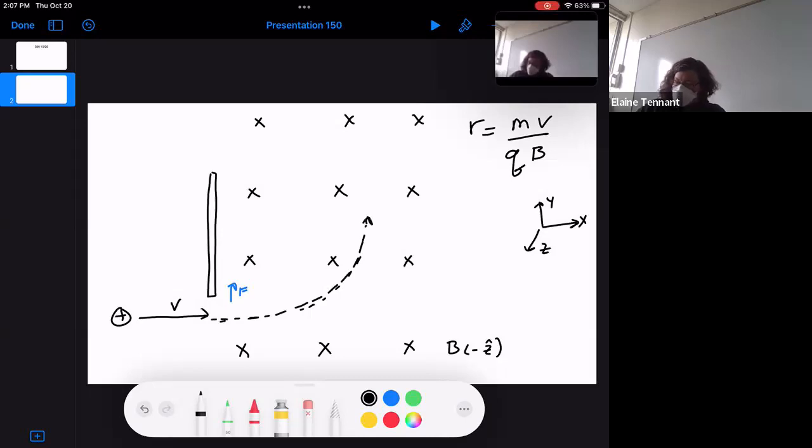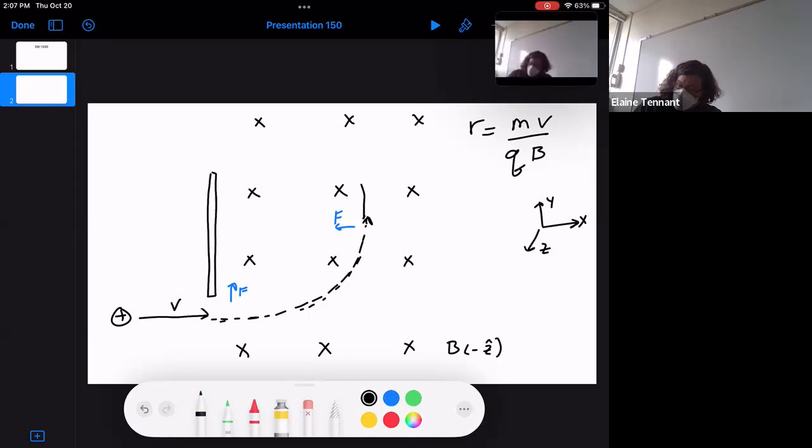Once it hits this spot, you can do the same thing: V, and now the force is in the negative x direction. So we get this characteristic circle that we talked about last time.